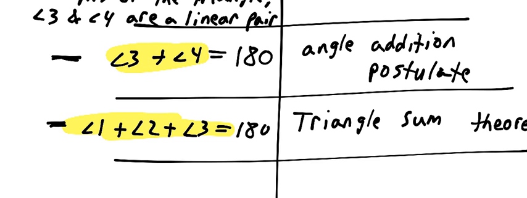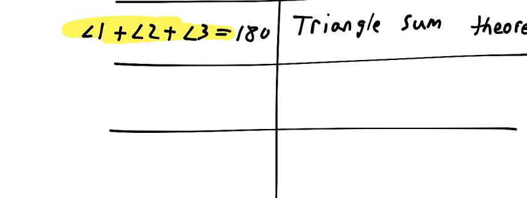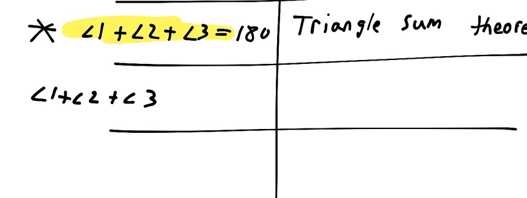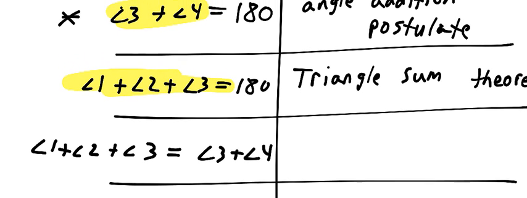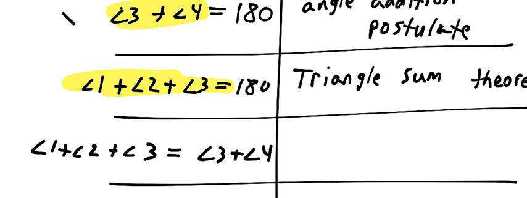So in our next line here, we're going to write a very long line, but we're going to write angle 1 plus angle 2 plus angle 3, that's this guy right here, equals angle 3 plus angle 4, that's this guy right there. Okay?